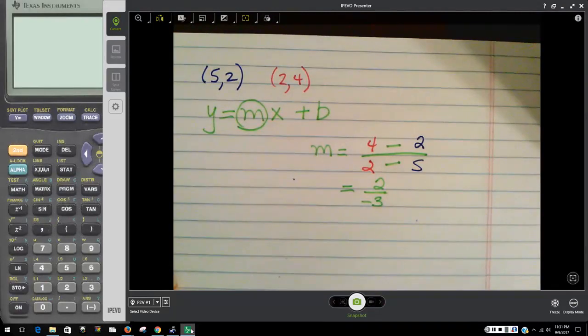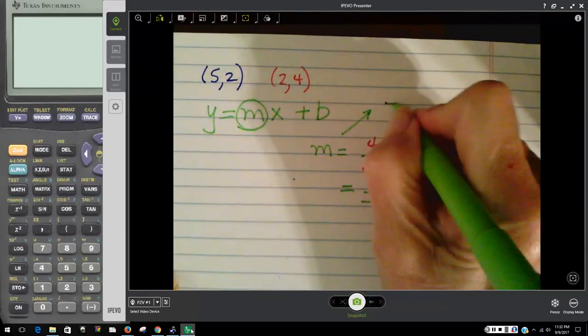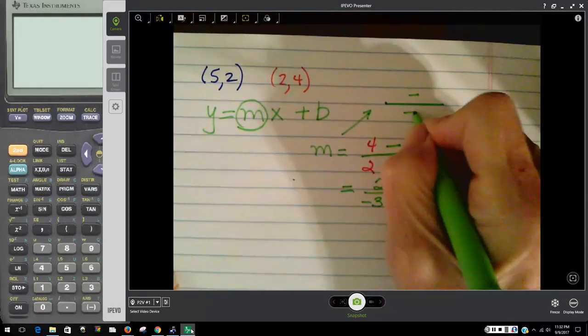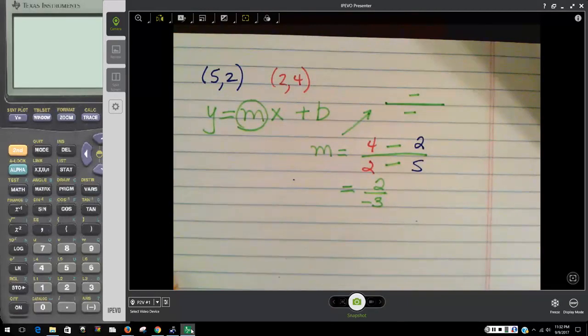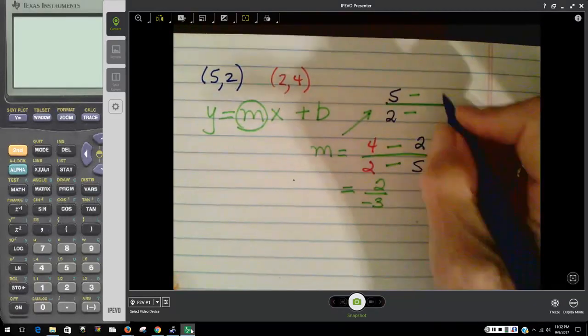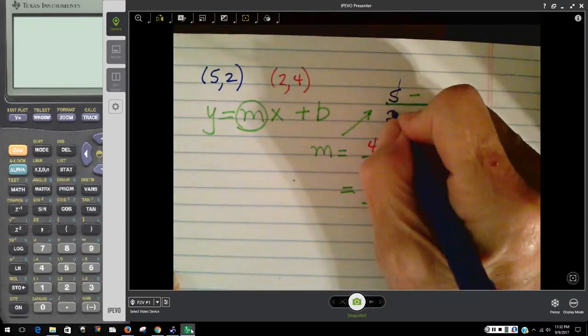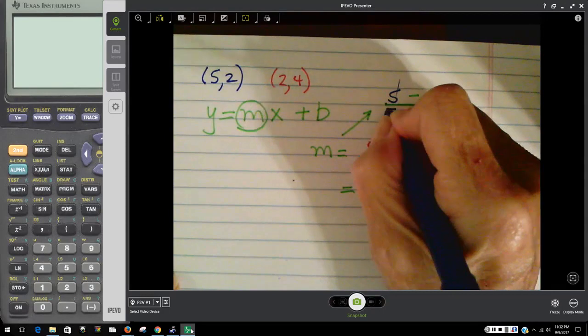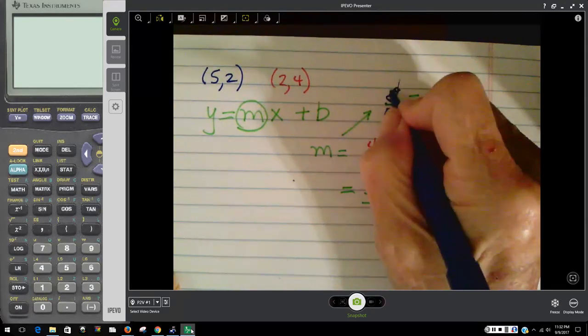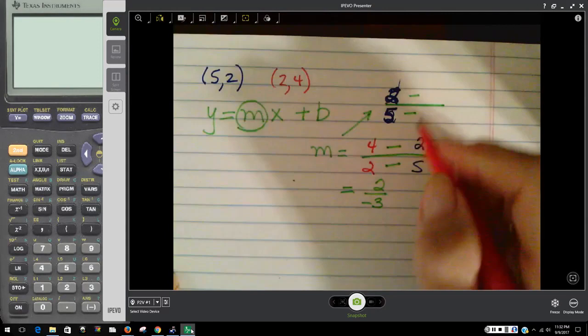Or, if I had reversed that, and it is possible to do it with your points on the other ends, I'm sorry, 5, 2, and 2, 4.